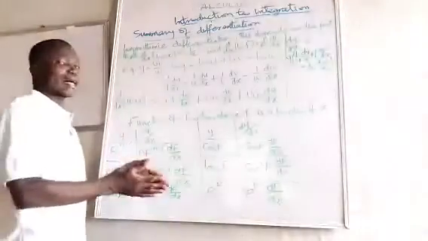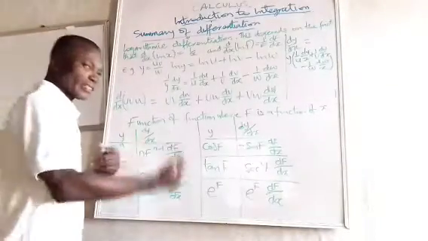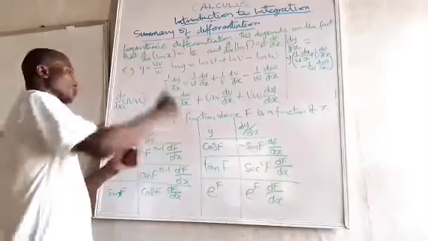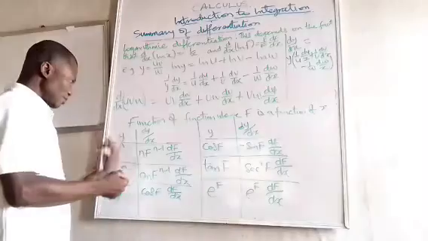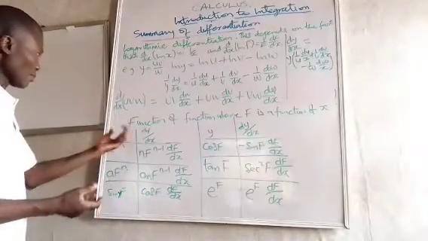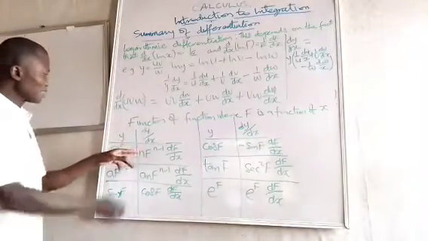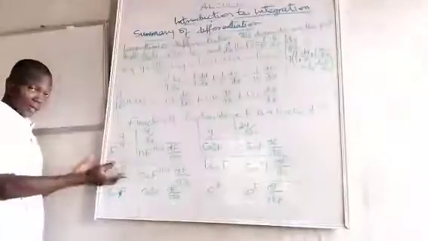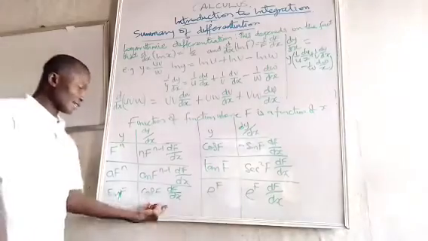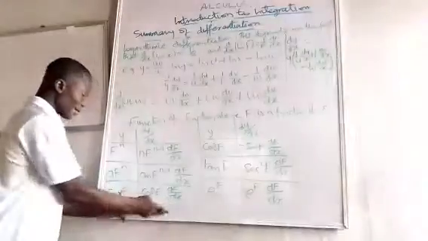So when we are looking at the differentiation now, we just need to return it back to the initial function. Like if I'm going to integrate a function that looks like this, I must get this. That's what it is.